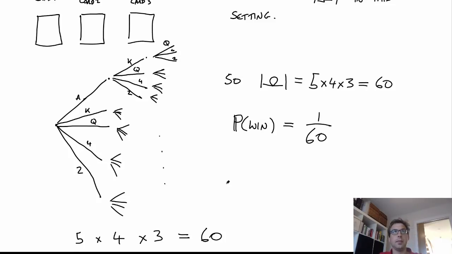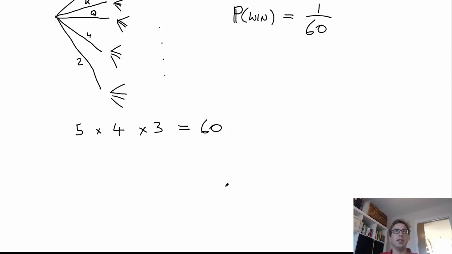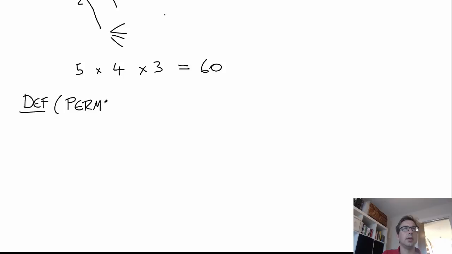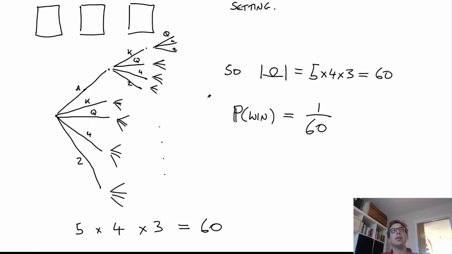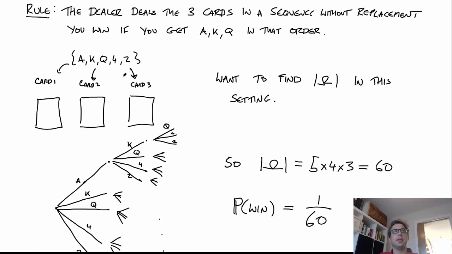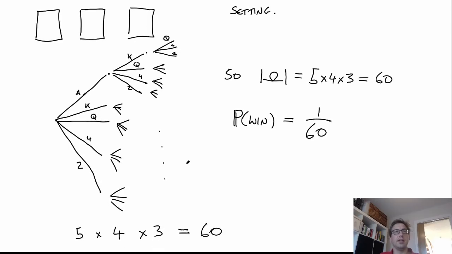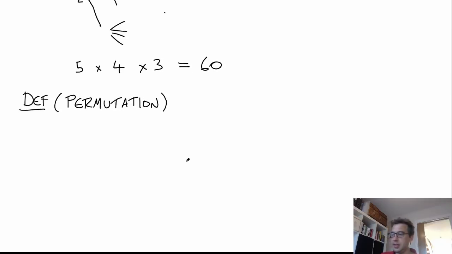Okay? So that leads us to a new definition, and that's for permutation. Okay, so definition. Permutation. So notice what we did is we took out 3 elements into a list in order from a list of 5. That's essentially what a permutation is.